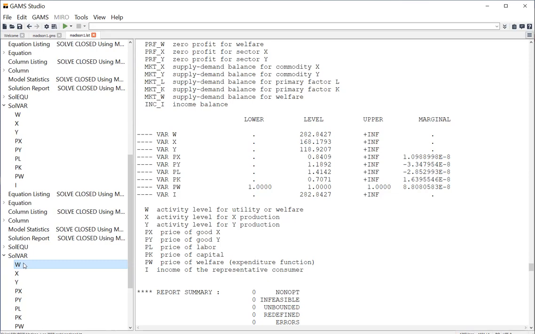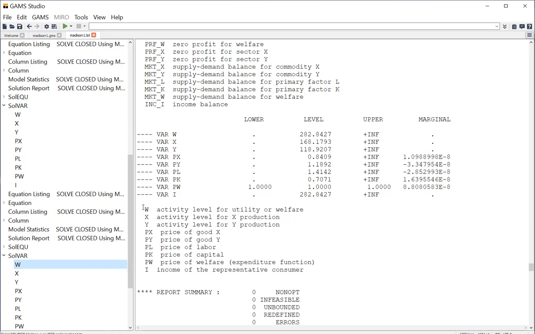And those things in marginal to the -8 are just an artifact of the convergence tolerance. Default tolerance is usually 10 to the -6. So we have a very precise answer. -8 is really small, so we just ignore that. This is a valid solution, even though something's appearing in the marginal column. It's just the convergence tolerance that exits the solver, tells it, okay, we're close enough.